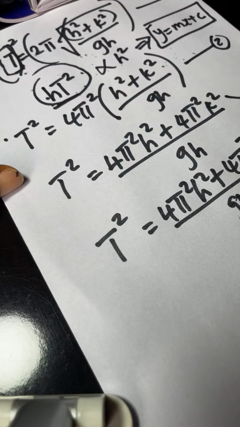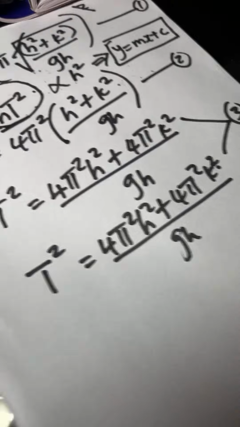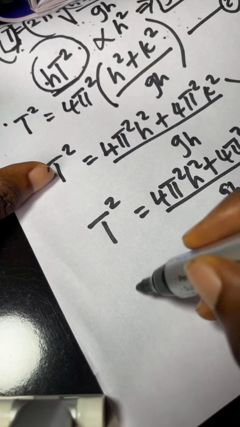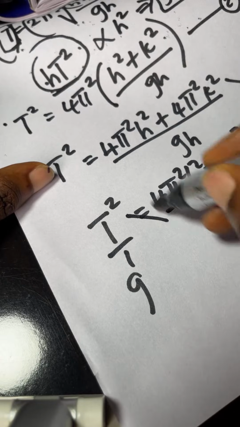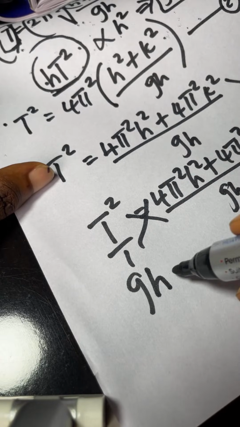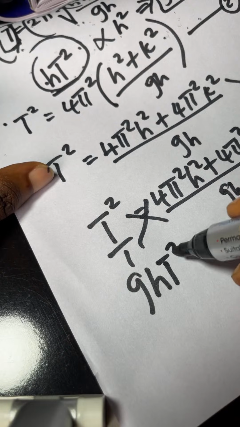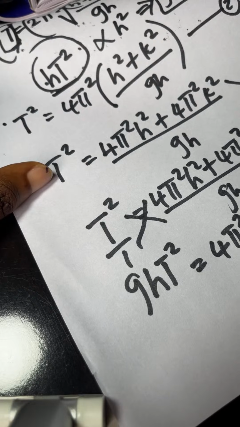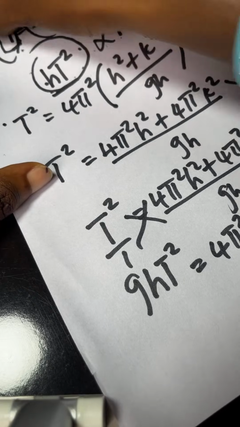So let me call this equation 3. So from here, I'll have something like cross multiply, and I'll have hT square is equal to 4 pi square h square plus 4 pi square k square.